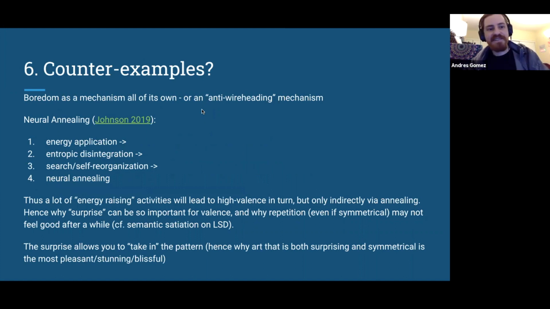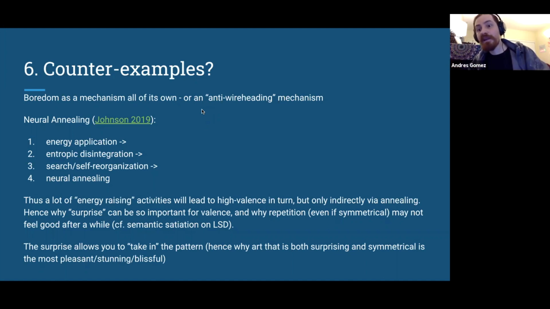Finally, counterexamples. There's a whole theory I recommend reading, neural annealing; you can Google it or click the link when I share the presentation. Even very neutral energy, which has neither harmony nor dissonance, can still give rise to very positive feelings, because it can give rise to an annealing process.